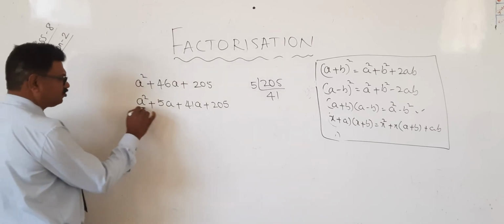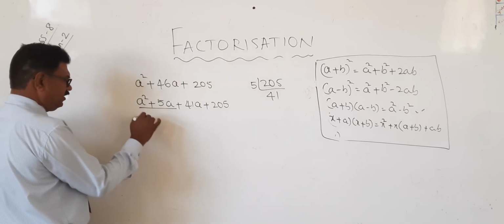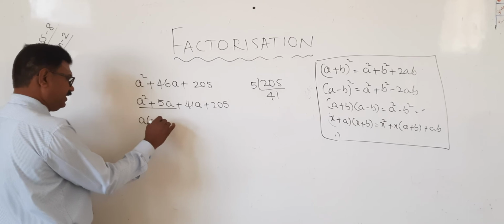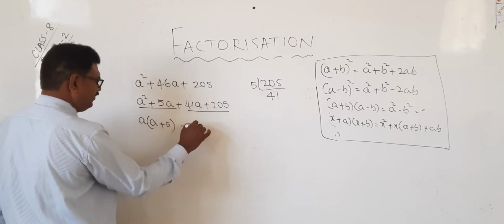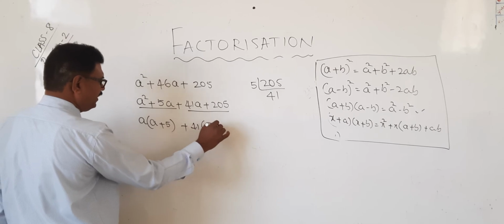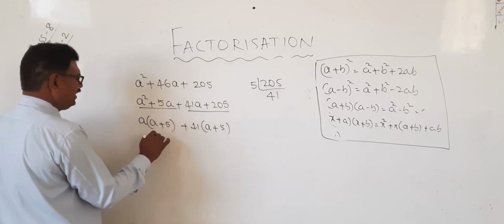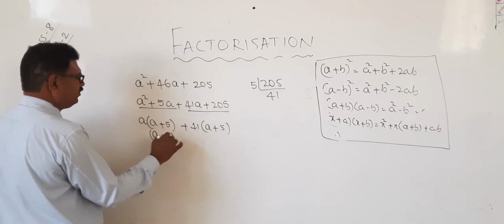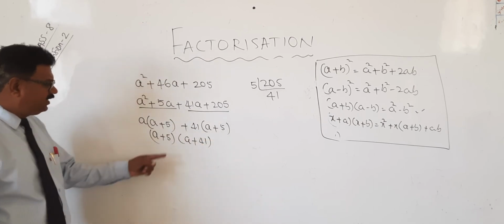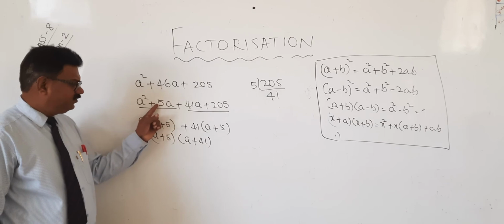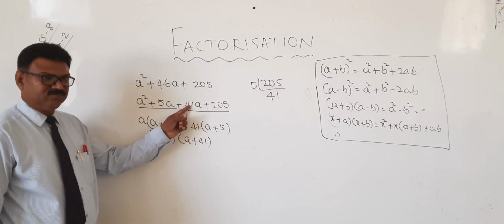In these two, what is common? A. What is remaining? A plus 5. In these two, what is common? 41 is common. Therefore, a plus 5. So again, a plus 5 into a plus 41.